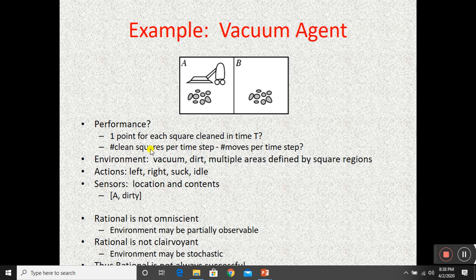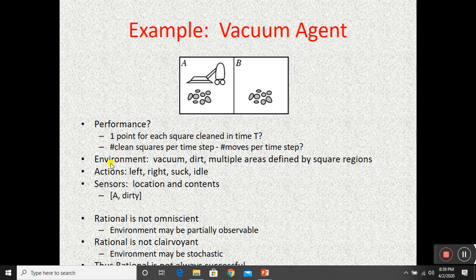If we have 1 square foot, how much time does this actuator take to clean this particular area? Environment, vacuum, dirt, this could be multiple areas defined by square regions. Definitely there would not be a very small area, there could be a very large area.